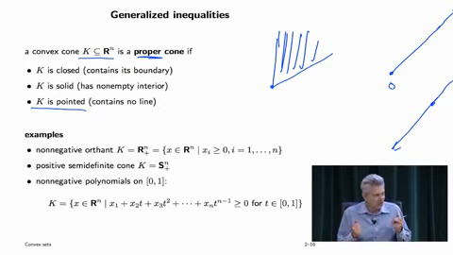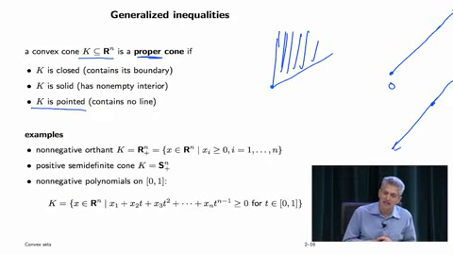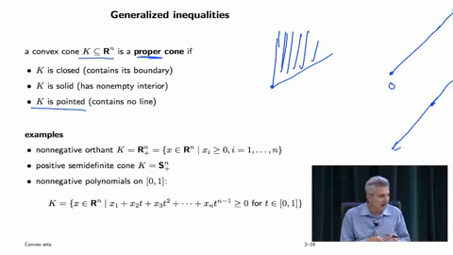So that is a cone, but it is not a proper cone, because it's not pointed. So pointed means that it doesn't contain any line. It says that you can't have a ray and its negative both in the cone. That's what pointed means.